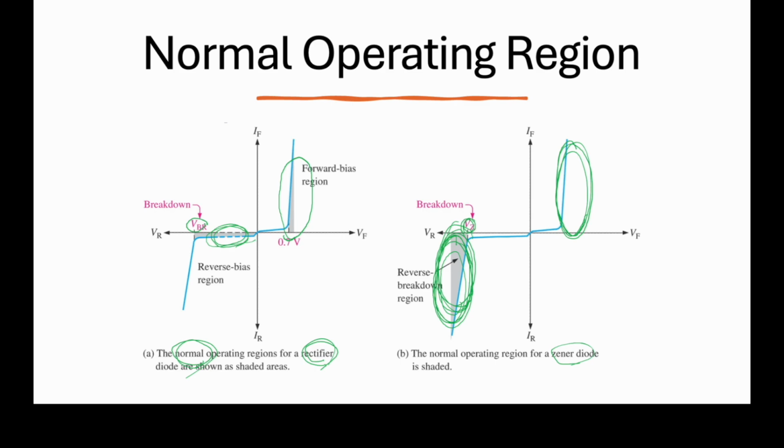Yes, it still works, but it works as a rectifier, same as the normal diode. In this region it does not work; it doesn't allow current to pass through the diode. However, once the value of the voltage is over the breakdown voltage, it then works as a Zener diode.